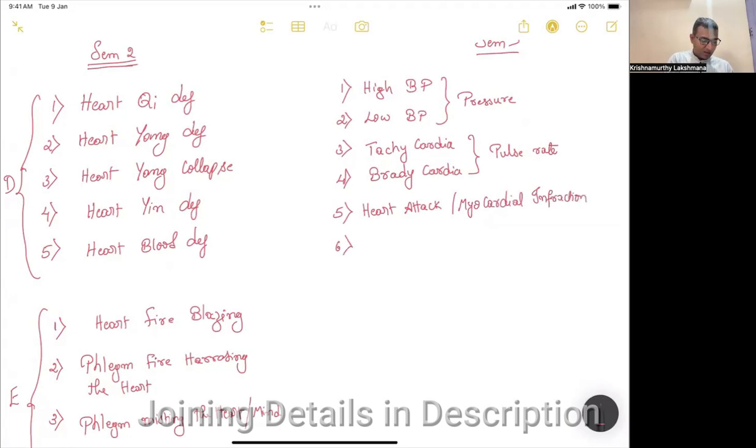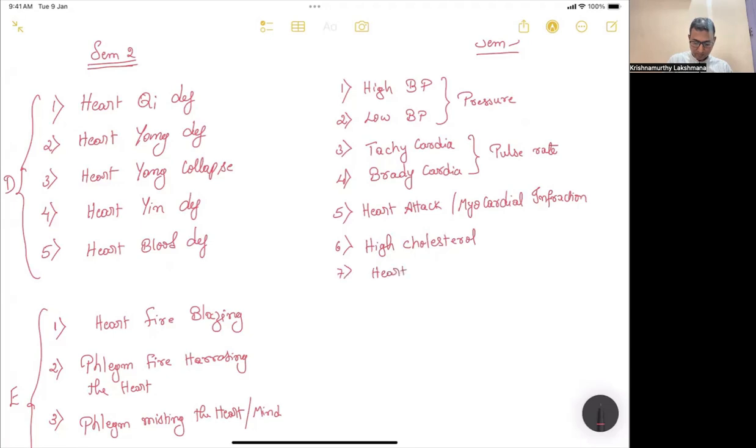High cholesterol, heart block, inflammation. We have rheumatic heart disease.